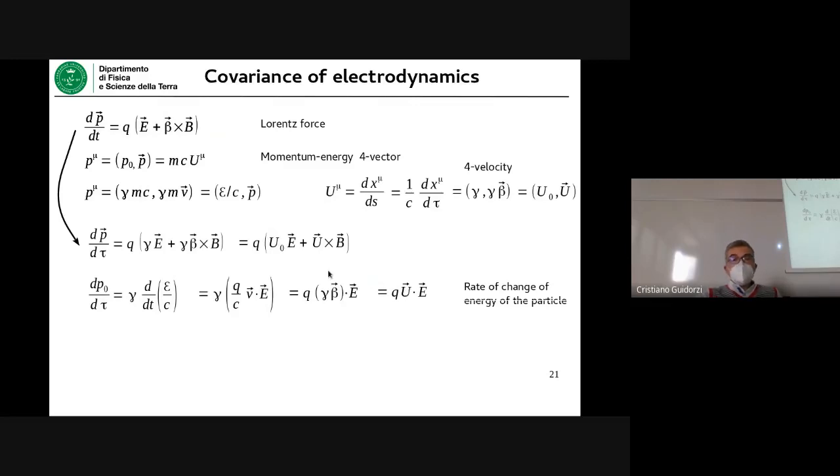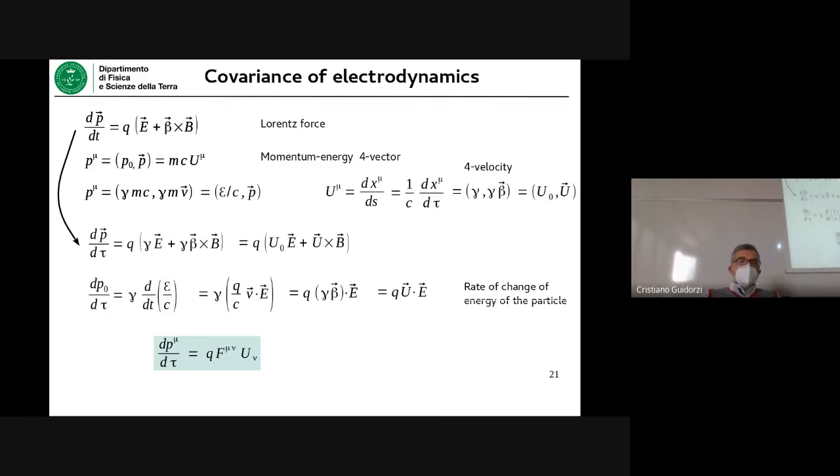Now, I tell you, and I'll show you, that you can summarize both equations in a unique and covariant way, as operations between four-vectors and tensors.